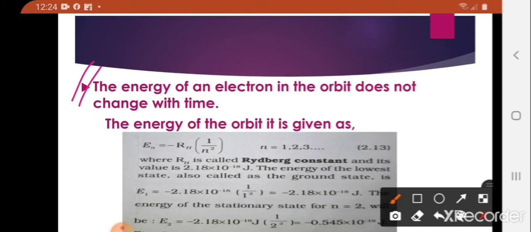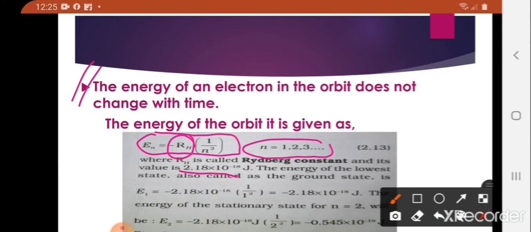Here the energy of the orbit is given by the equation En is equal to minus R into 1 by n square, where n is the principal quantum number, n is equal to 1, 2, 3, etc. The constant R here is called the Rydberg constant, and it takes the value 2.18 into 10 raised to minus 18 joules.